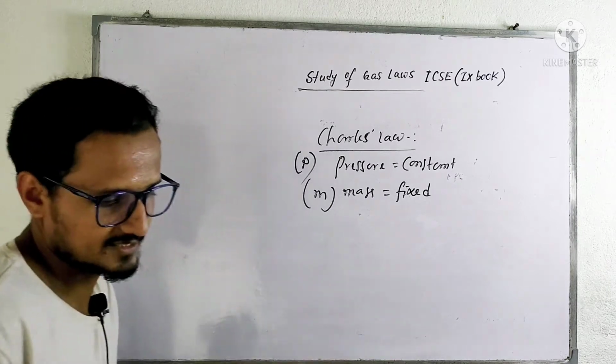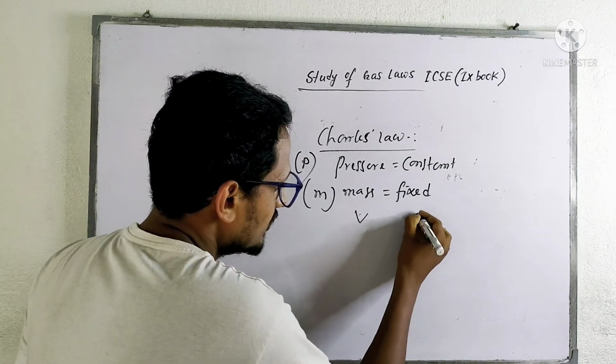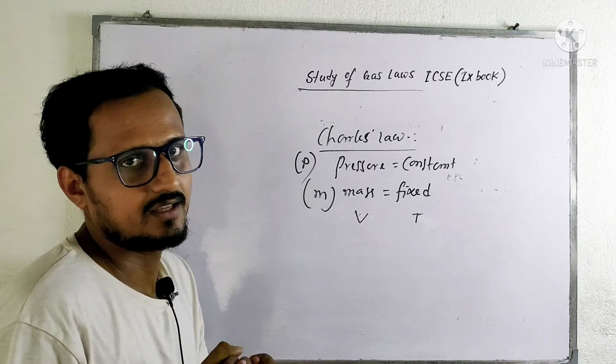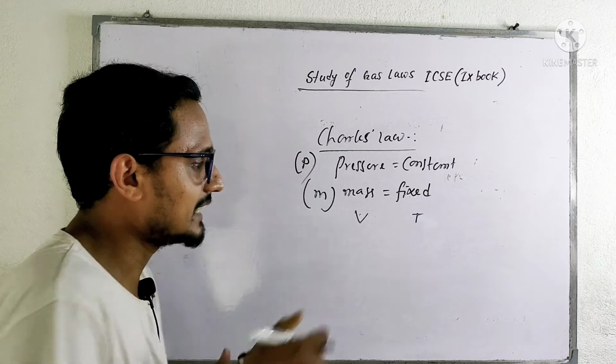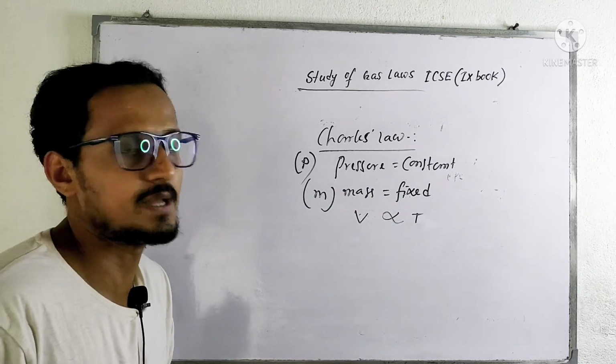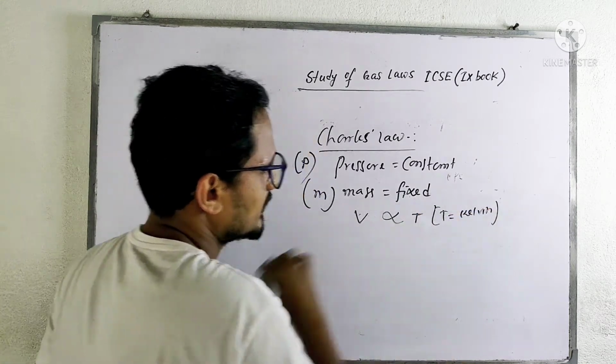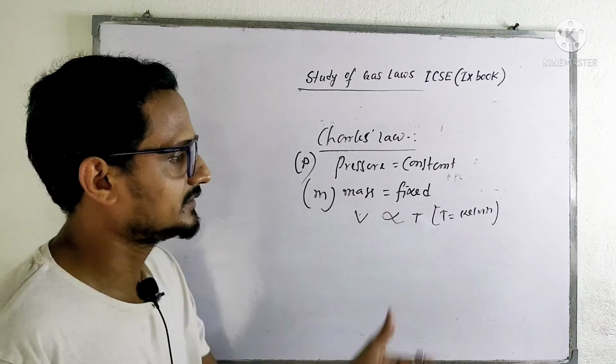Normally, we will see the relation between volume and temperature, and it will be seen that these are directly proportional. Volume proportional to temperature. Now, this temperature is in Kelvin, not in Celsius. So we'll start from the Celsius scale.